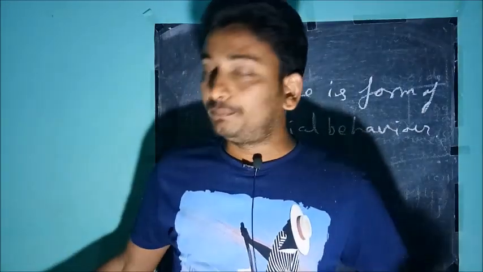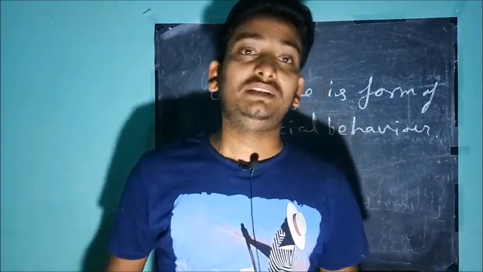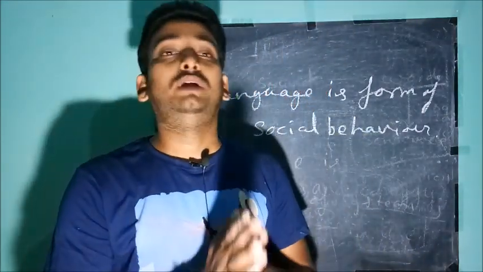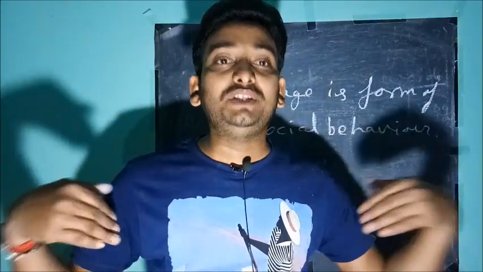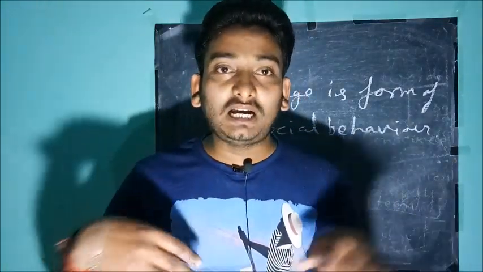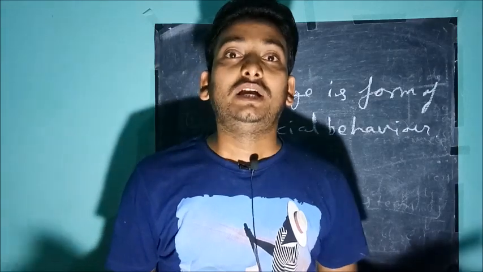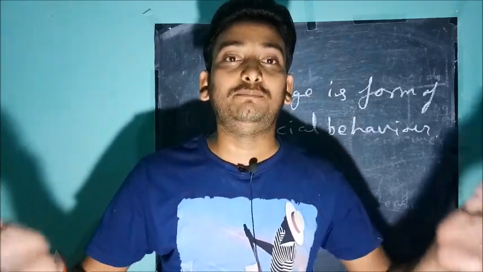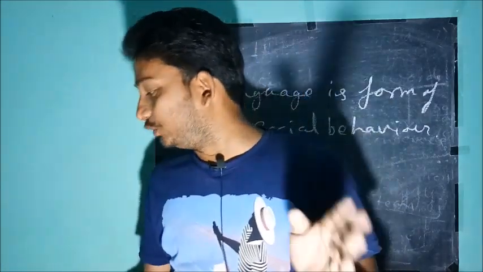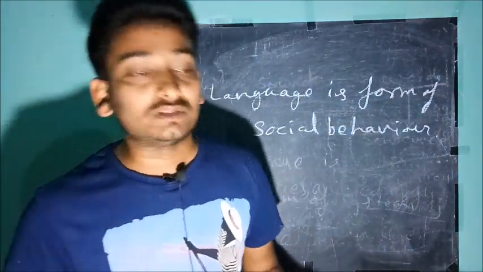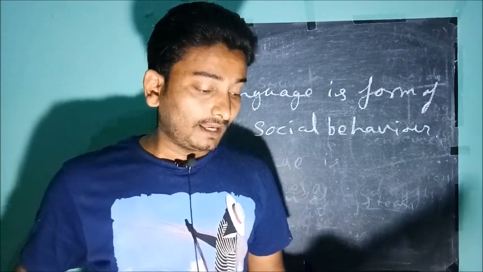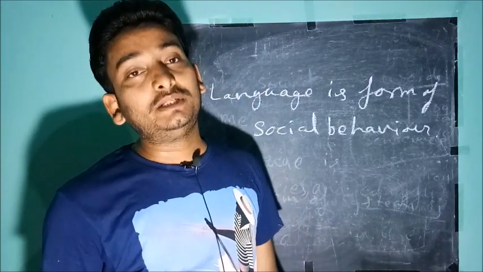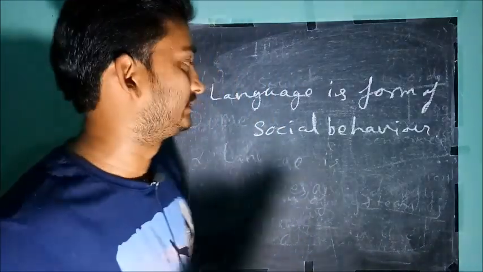Through language we behave. When we go into society, we meet each other, we share our thoughts, we share our views, and here we behave through language. So language is a human behavior, language is a social behavior, and language is a system of symbols.